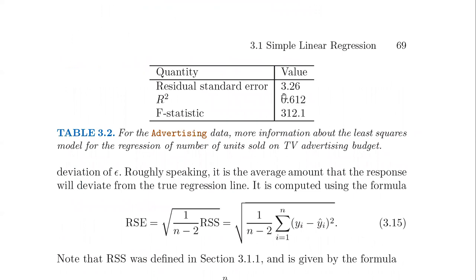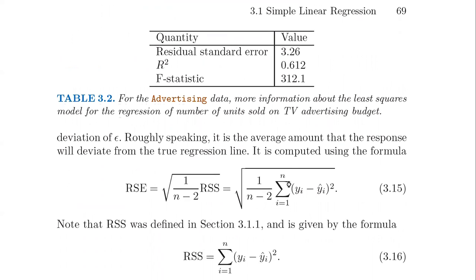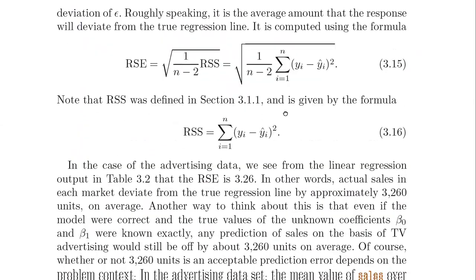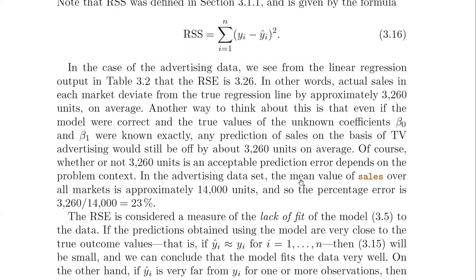The RSE is telling you that on average, the model's prediction... actually, maybe I haven't understood this correctly. In other words, actual sales in each market deviate from the true regression line.